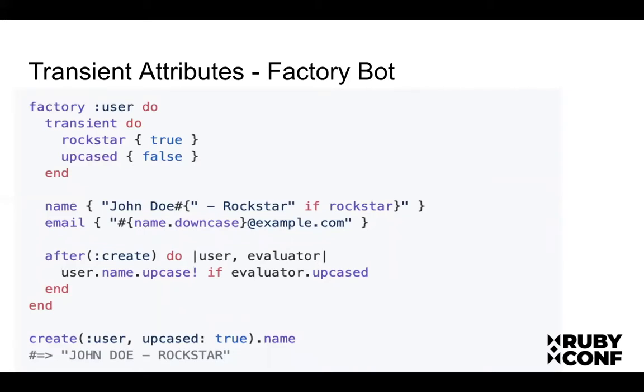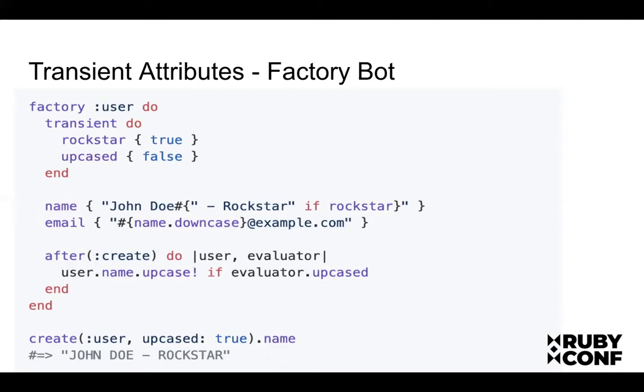The word transient means temporary, and in specs this means that we create some temporary attributes which do not exist in the database, and we use these attributes to set different values of actual attributes of factory objects depending on different scenarios.